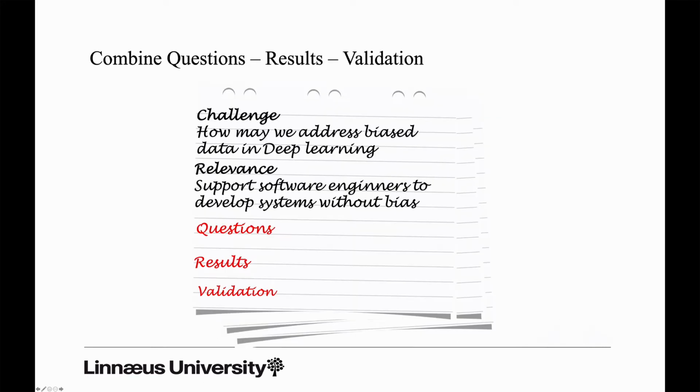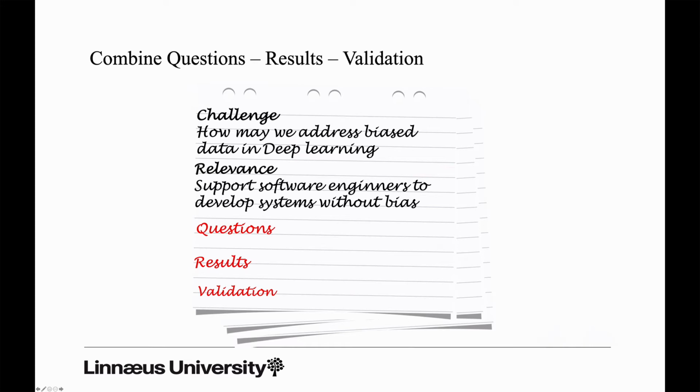So if you look at your challenge, how may we address biased data in deep learning? This was one of the challenges that we looked at in the first part. Well, the relevance was to support software engineers to develop systems without bias.